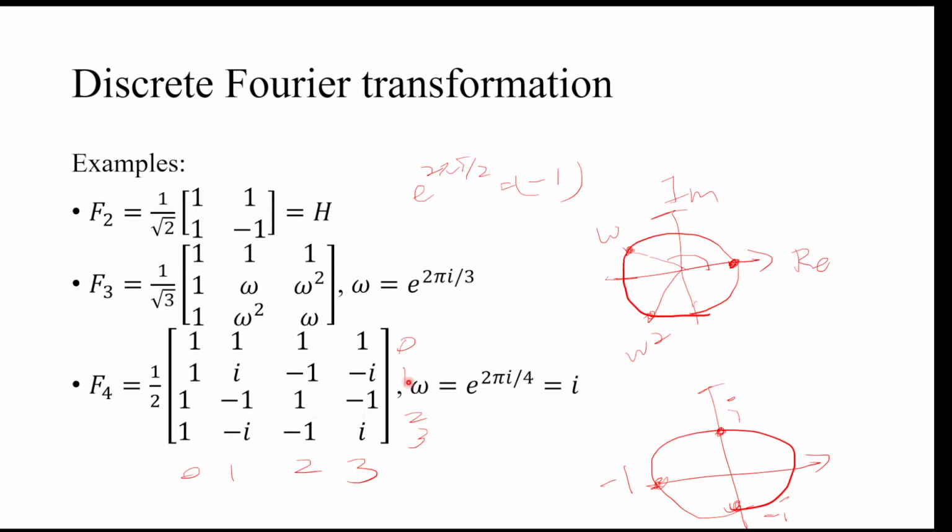And the last row has i to the 0, 3, 6, 9 power, which equals 0, minus 1, minus 2, and minus 3 power.